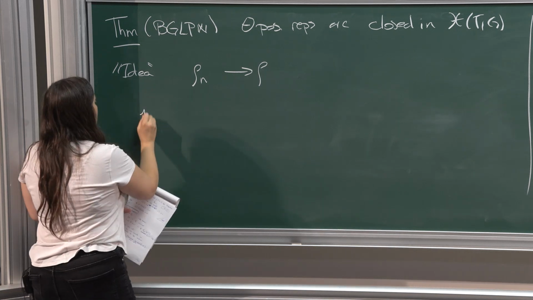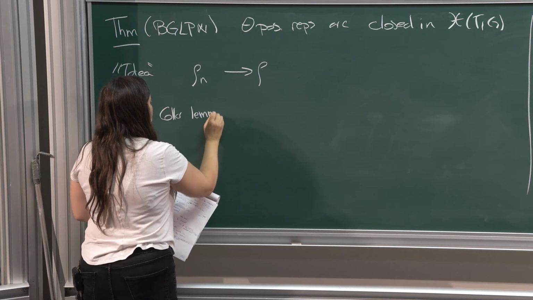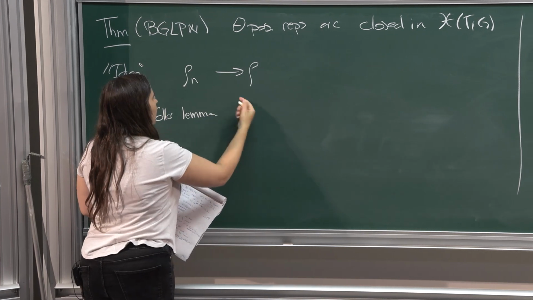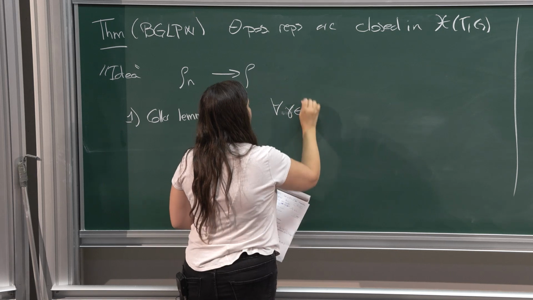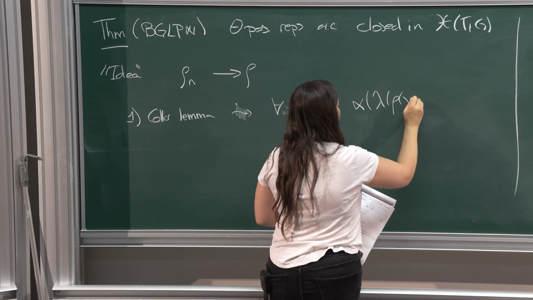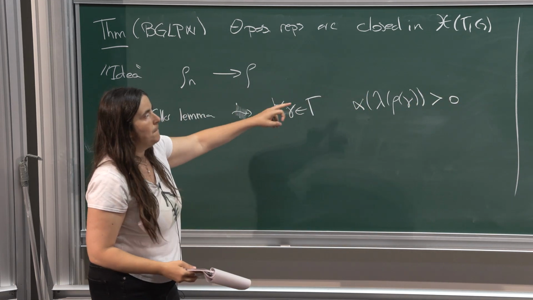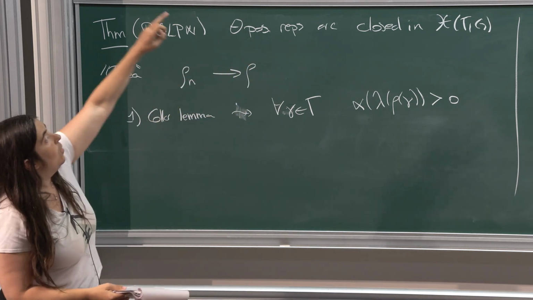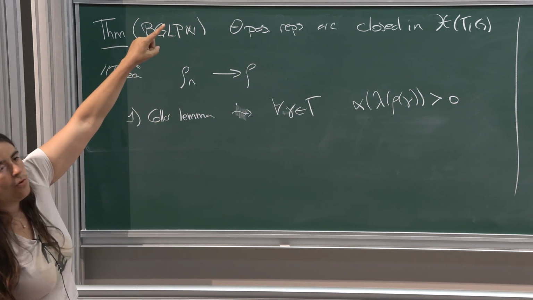And then we first use the collar lemma to say that for any gamma in Gamma, alpha of lambda of rho of gamma is bigger than 0. Why? Because I had that inequality up there, that corollary.